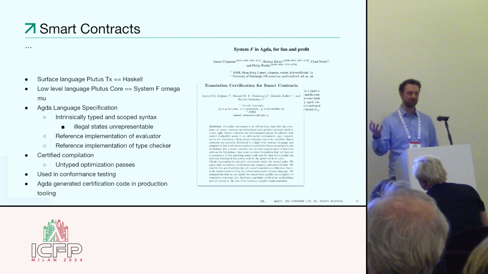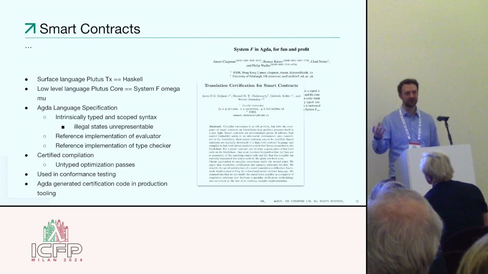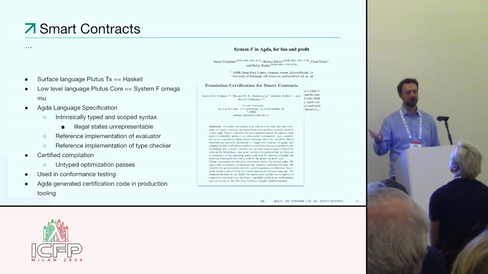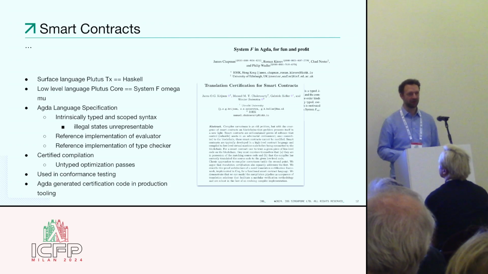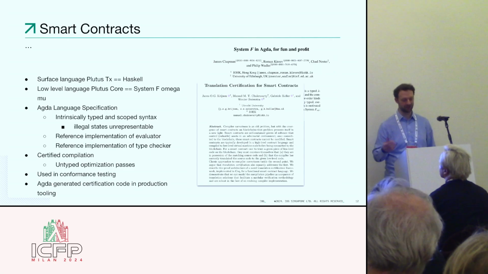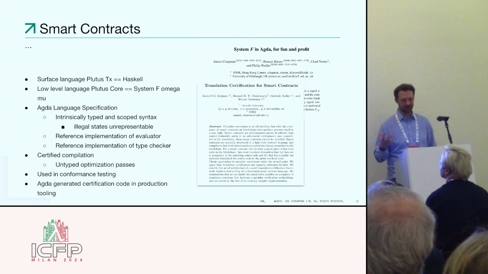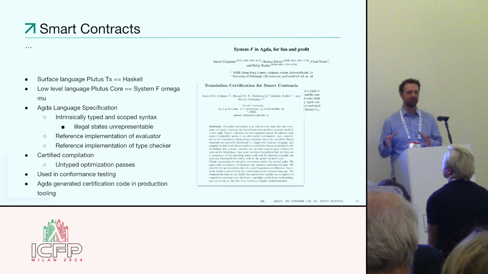So really what's running on the blockchain is untyped lambda calculus with some extra primitives for things like cryptography and byte strings and other things. So it's quite a conceptually simple language. And the idea was to keep that as simple as possible and something that's well understood, because backward compatibility with blockchain is a massive thing.